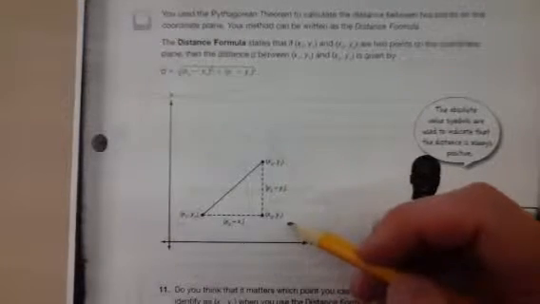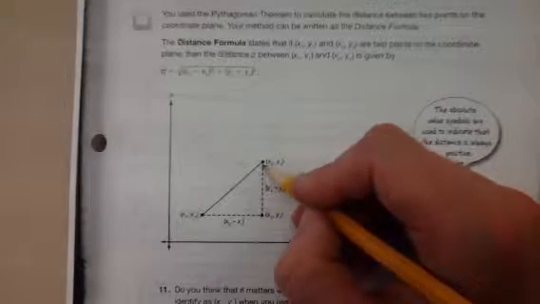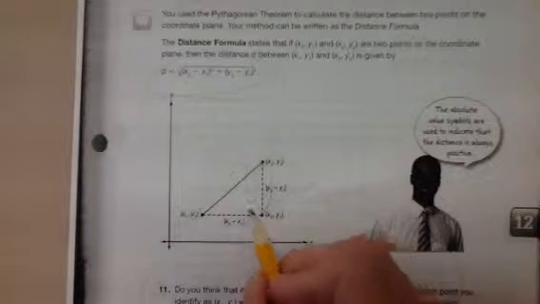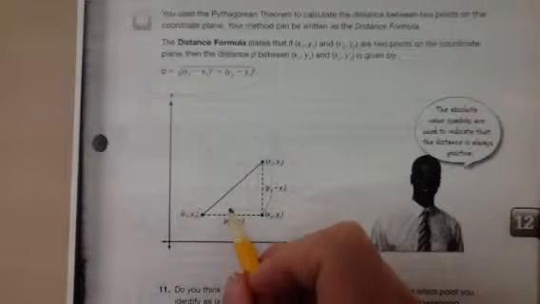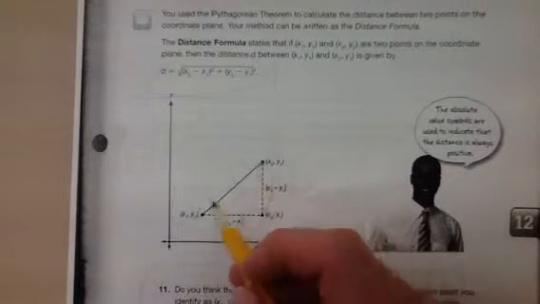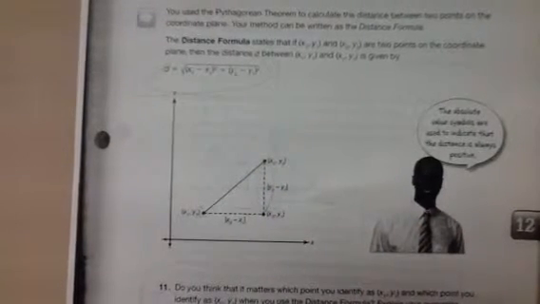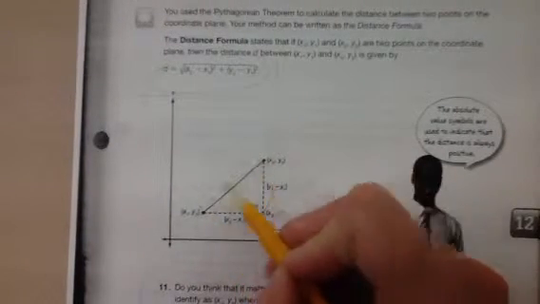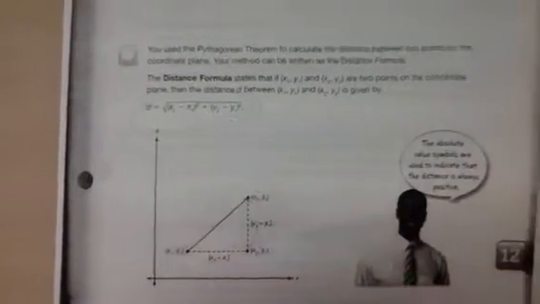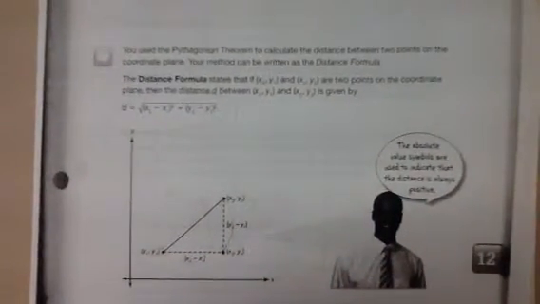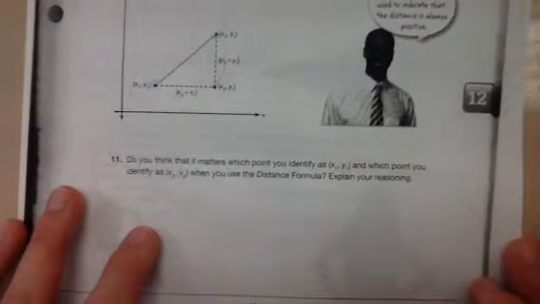When we were doing it with Don and Frida's houses with real numbers, it's just about finding how long this is, finding how long this is, and then using the Pythagorean theorem to find out how long that is. So the distance formula says basically if you need to find any 2 points, you can plug it into this formula, or you can just use your common sense to use the Pythagorean theorem.